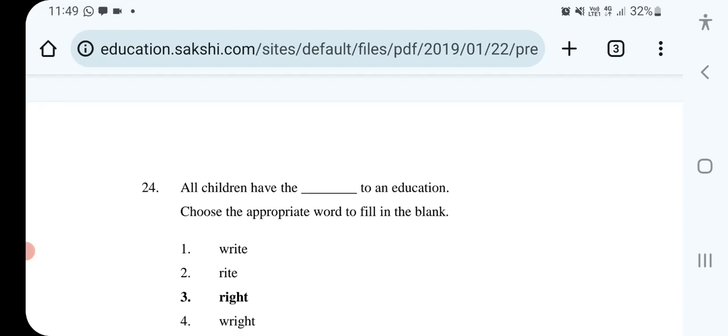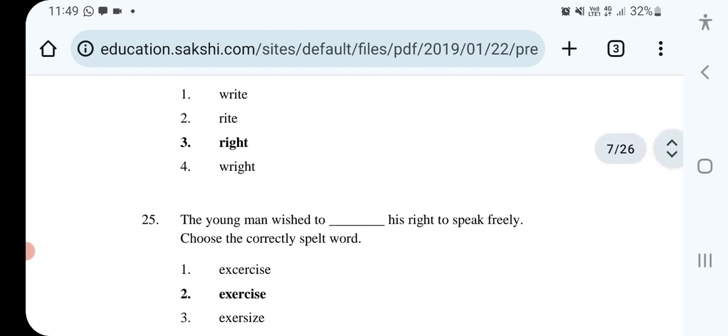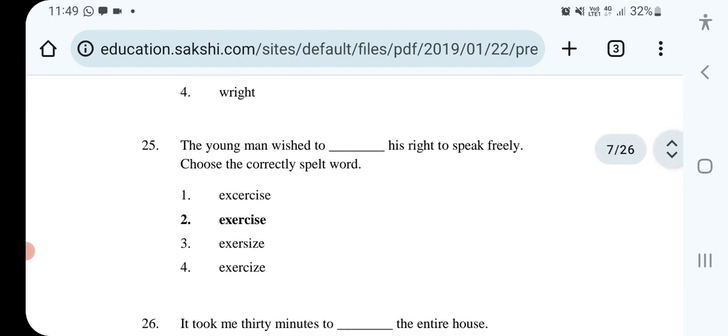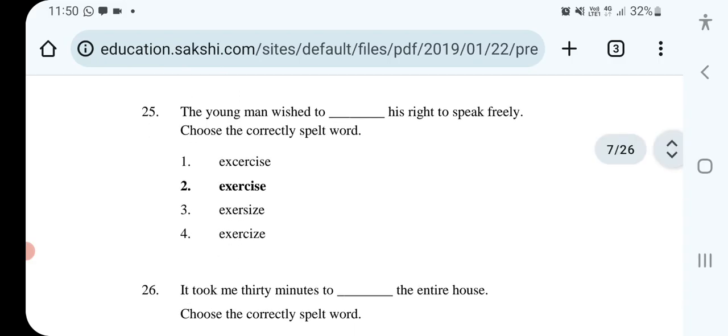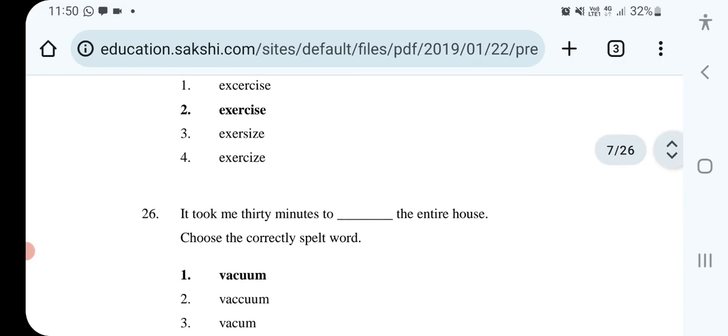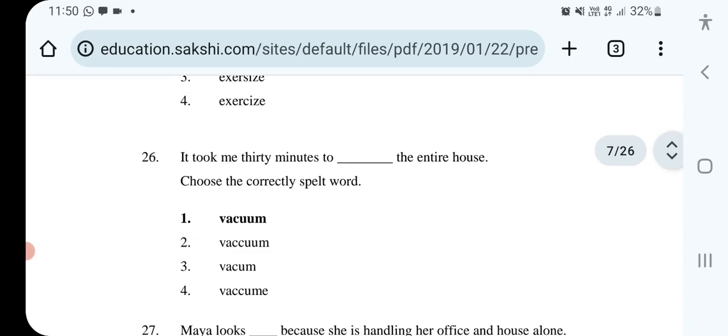All children have the right to an education. This is also an easy question. The young man wished to exercise his right to speak freely. Exercise. It took me 30 minutes to vacuum the entire house. Vacuum.